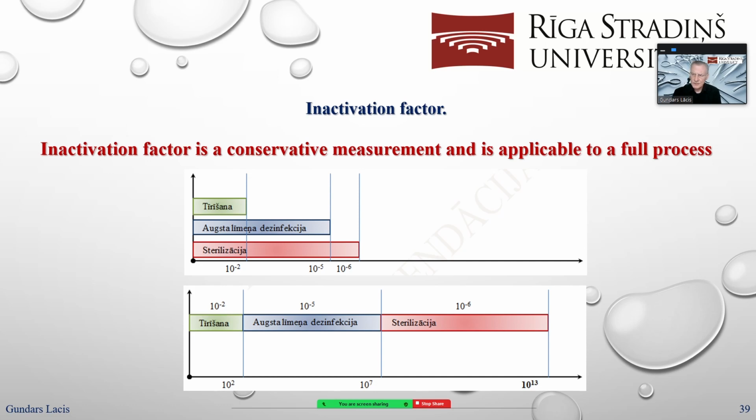And this reduction level is called the inactivation factor. Actually, every time we are reprocessing medical devices, we must reach this reduction level. Always. But remember, reduction is only at times. It's not a fixed value, it's not all of them.